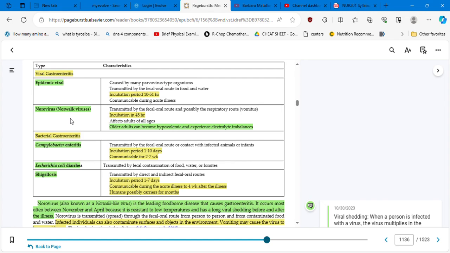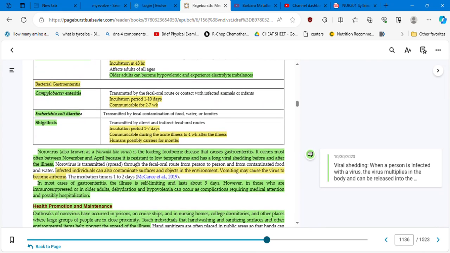Norovirus, Norwalk viruses, incubation 48 hours, so it's 2 days. Transmitted by the fecal oral route and possibly the respiratory route, vomitus. Older adults can become hypovolemic and experience electrolyte imbalance with the norovirus.